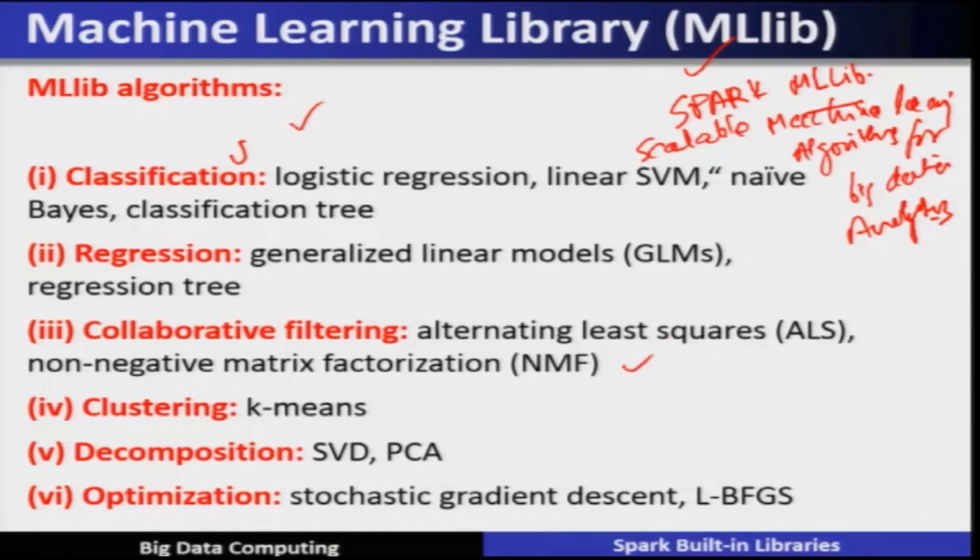For unsupervised clustering or cluster analysis, the parallel k-means algorithm is available. Similarly, for decomposition, SVD and principal component analysis are available, and for optimization various libraries are available such as stochastic gradient descent and LBFGS.